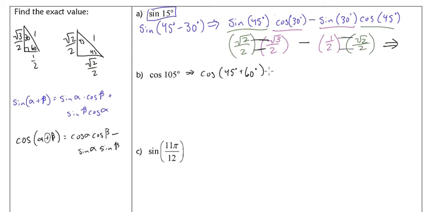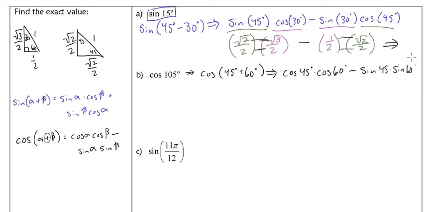All right, so plugging in those values, we get cosine of 45 degrees times cosine of 60 degrees minus sine of 45 degrees times sine of 60 degrees.